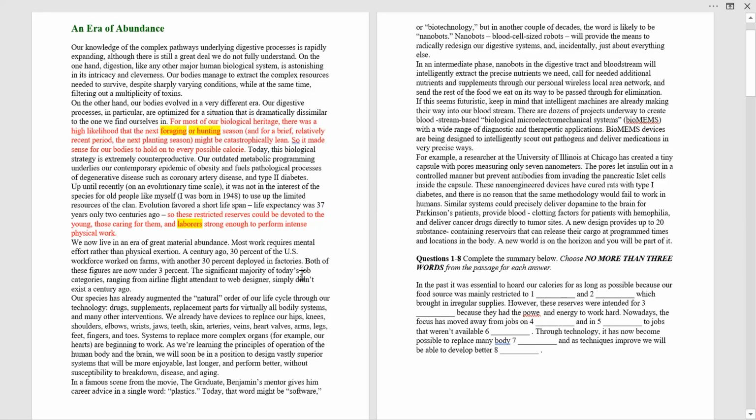And this significant majority of today's job categories, ranging from airline flight attendant to web designer, simply didn't exist a century ago. Now, why are they moving away? Because the options we have, like being a flight attendant and a web designer, did not exist a century ago. So 30% of people worked on farms, 30% in factories, the rest at home.